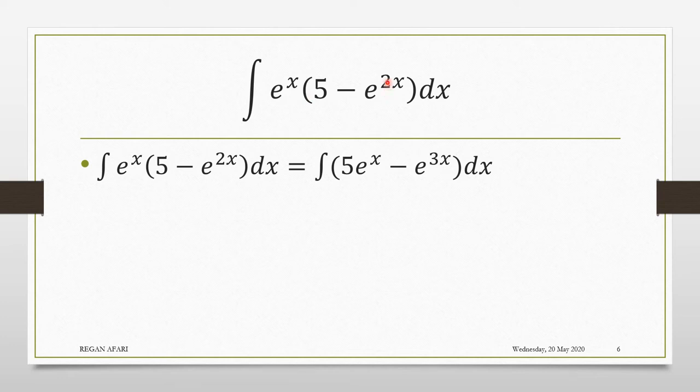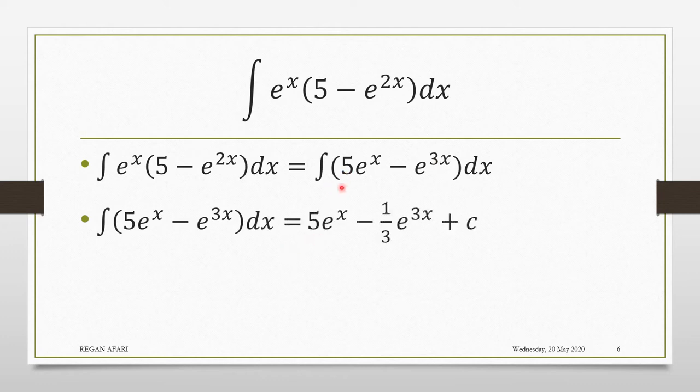Then remember, this is e raised to the power 2x, this is e raised to the power x, so they add up to become e raised to the power 3x. Then we can integrate. All right, so when we are integrating it, like we came up with e raised to the power x, when you integrate that, is the same as e raised to the power x. Now this is 3, so that has to come and divide, and you are done. All right, really simple.